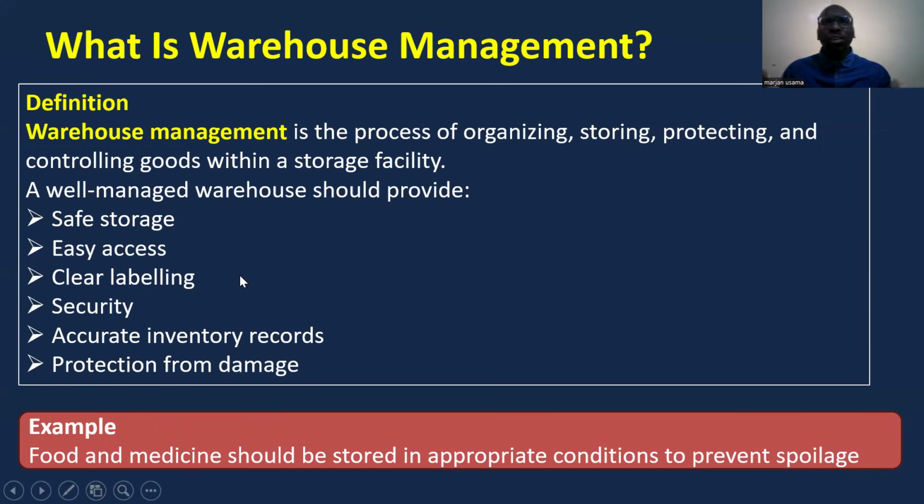Warehouses are very big, so you should have clear labeling: Section A, B, C, D, E, and F, and the names of the supplies. Then security is also important in the warehouse. Then we need to have accurate inventory records in our warehouse. And lastly, we need to protect our supplies and goods available in the warehouse from damage.